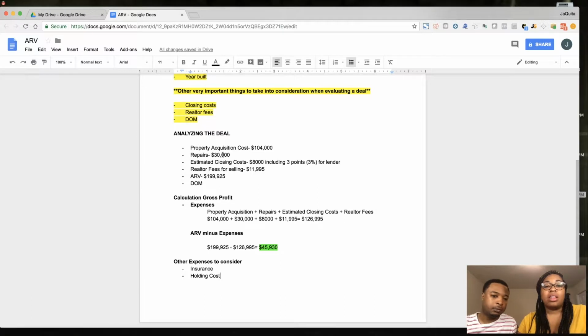So just taking a look at the expenses that we have up here, we have the property acquisition cost for 104, plus the $30,000 in repairs, $8,000 in closing costs, and right at $12,000 for realtor fees. And so that brings us, actually, that was incorrect on my part.